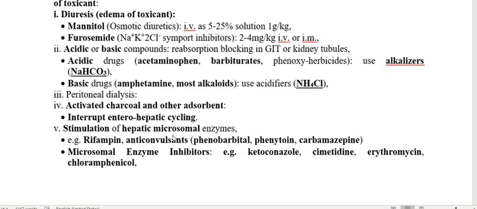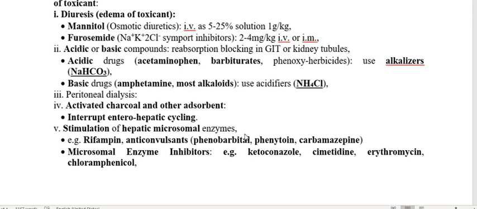What is the function of the hepatic microsomal enzyme? When you enhance or inhibit the activity of these enzymes, accordingly the metabolization of the toxicant is either slowed or fast, and therefore it is excreted slow or fast accordingly. Take the example of a stimulator.